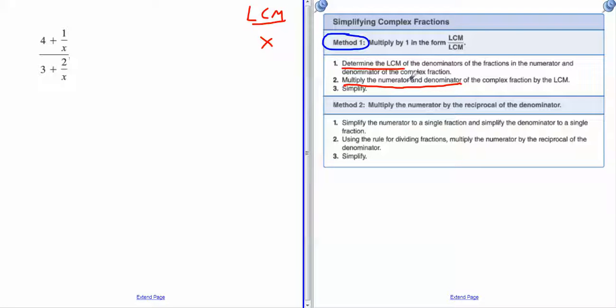Step two: multiply the numerator and denominator of the complex fraction by that lowest common multiple, x. Here in the red, we're multiplying by 1.